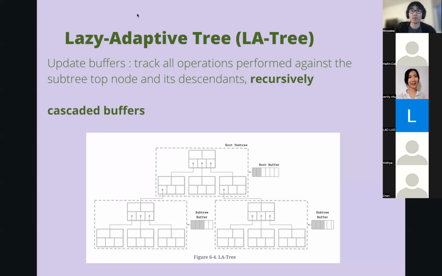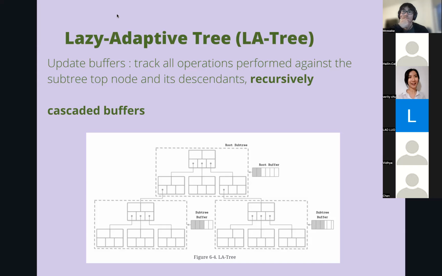Then it will cascade all the required changes to the lower level tree buffers, and that is how it finally reaches the leaf node. So the book doesn't really say, for example, exact detail about how the different subtree buffers are linked to the subtree. Yeah.